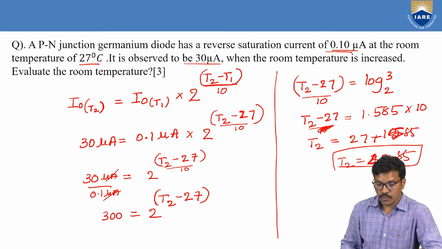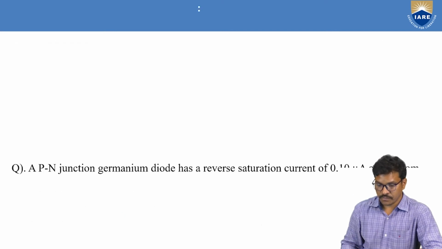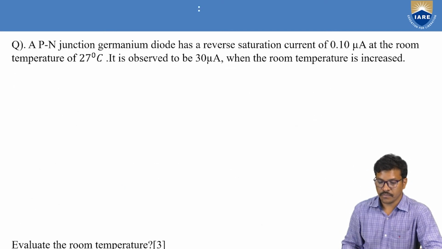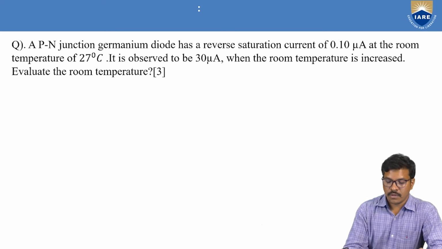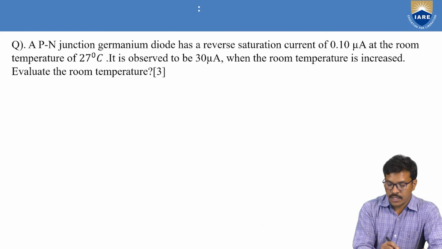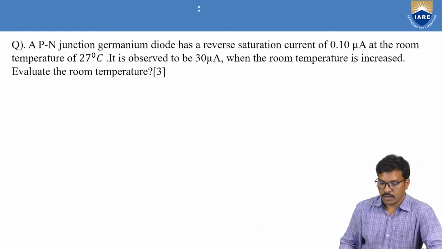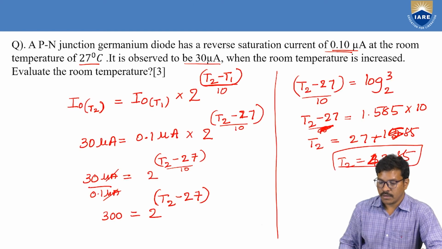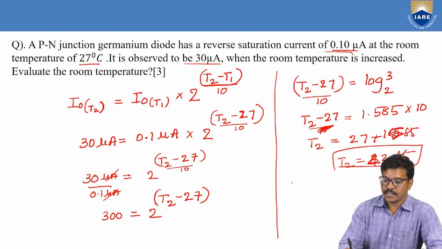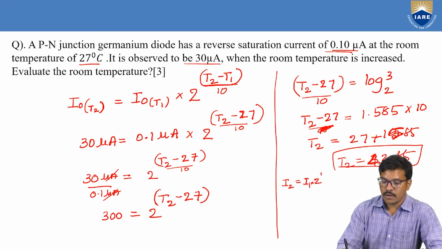In this value, why do we take 42.85? I2 is equal to I1 into 2 power T2 minus T1 by 10.